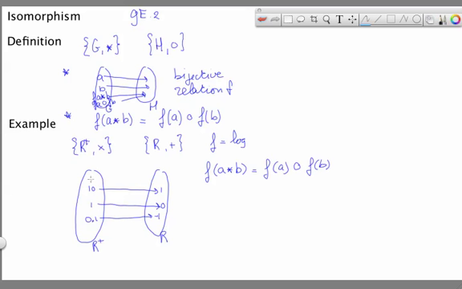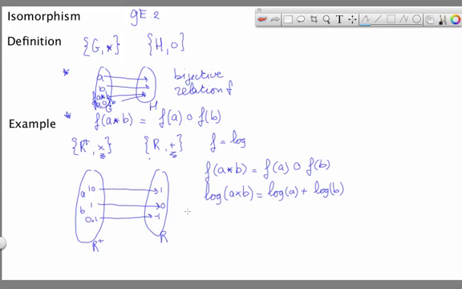If I have two originals, A and B, and the function in this case is the log, then the log of A star B, and what was the star operation? The star operation was the simple multiplication. Is that then the same as the log of A plus log of B? And of course that is true. So therefore we have here an isomorphism.